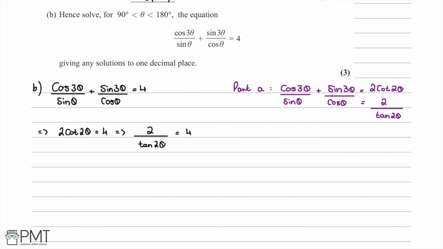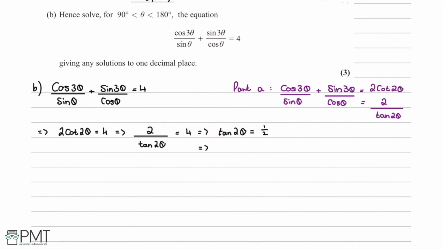So we can then multiply both sides by tan 2 theta, which will give us 2 is equal to 4 tan 2 theta, and then we can divide both sides by 4. So this will give us tan 2 theta on its own. So we have tan 2 theta is equal to 2 over 4, and we know that that is equal to 1/2.